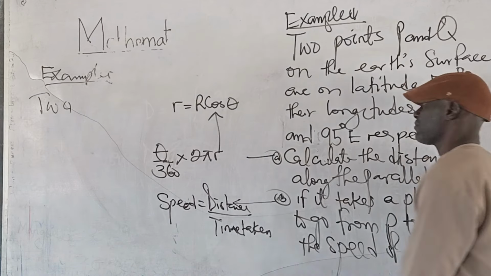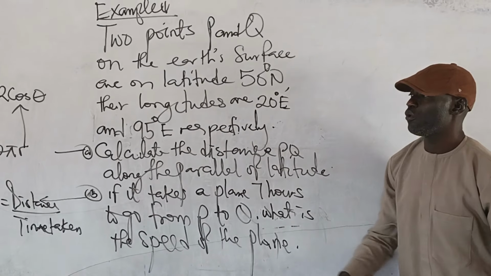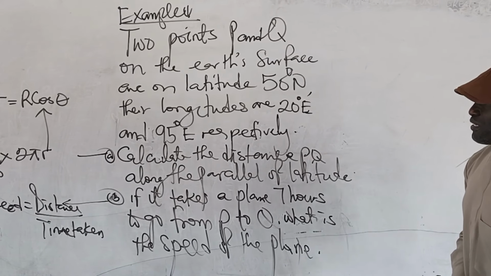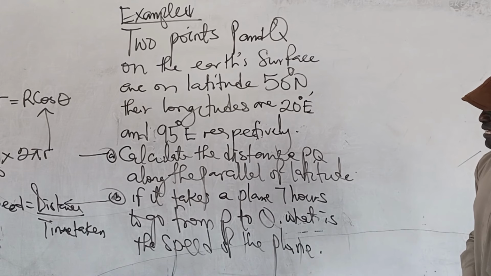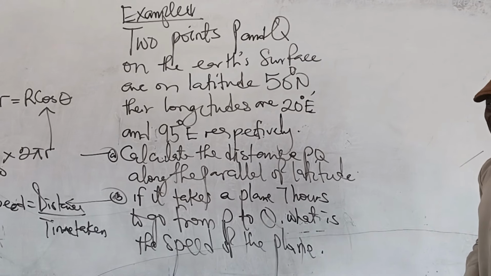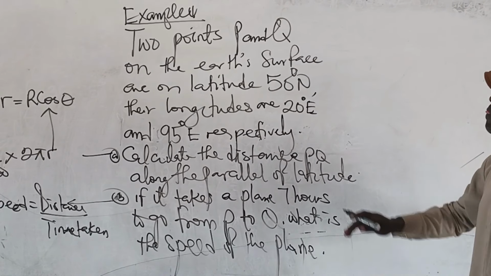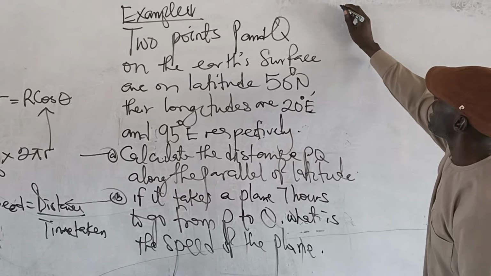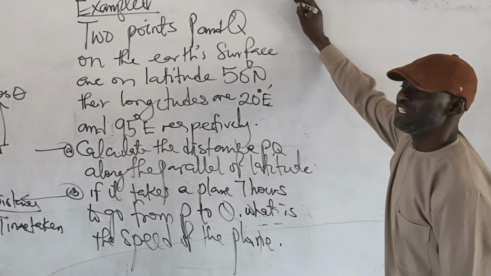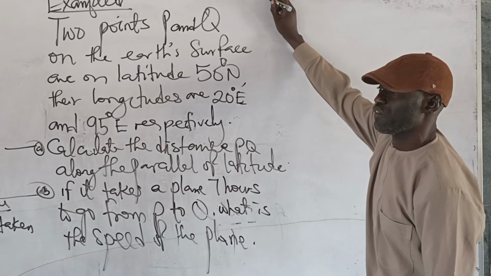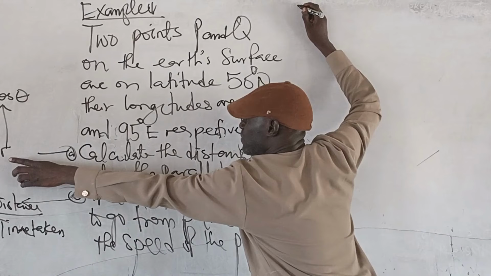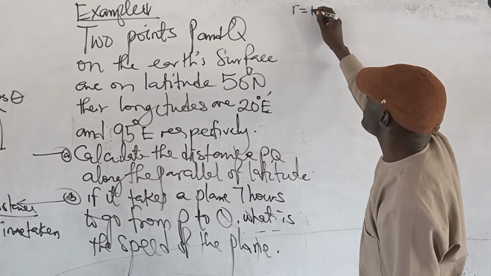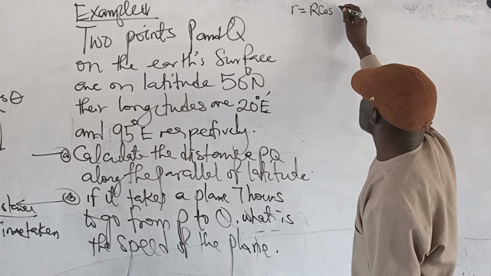You can see that in this question, if you want to first work on the first question, which says calculate the distance PQ along the parallel of latitude, we already know the formula, but we have to work on the radius of the parallel of latitude because of the small r we have in the formula. We first work on that, which is small r equals big R cos theta.